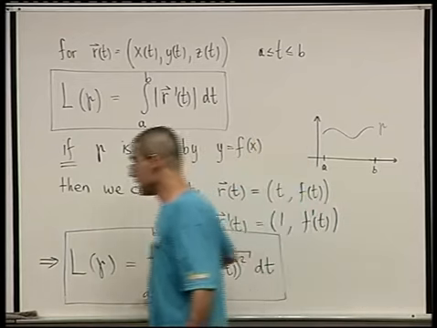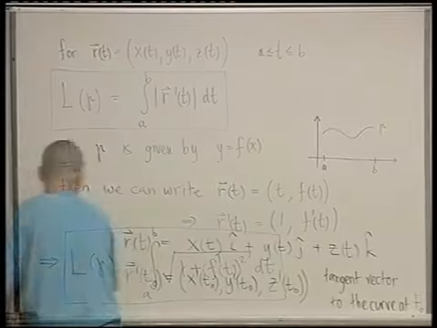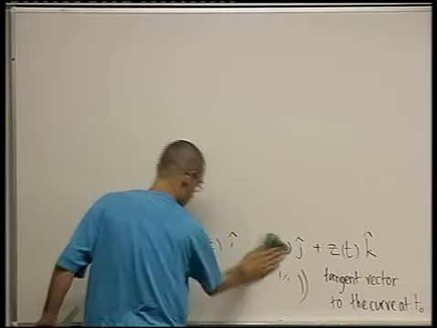But there is a specific parameterization which is, in some sense, intrinsic to the curve. And it has a name, it's called arc length parameterization. And I want to introduce that briefly.